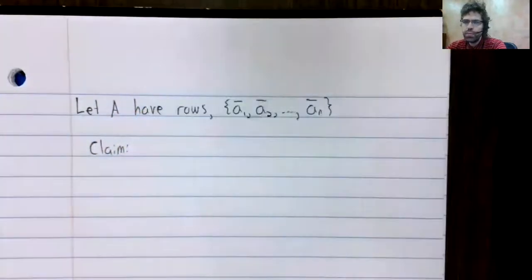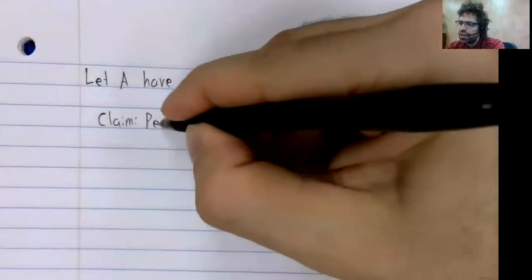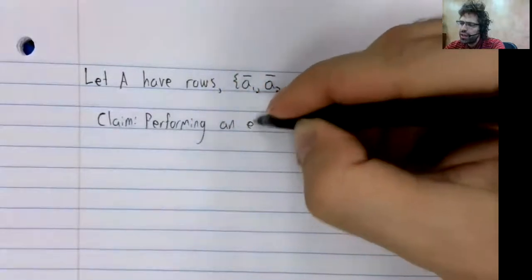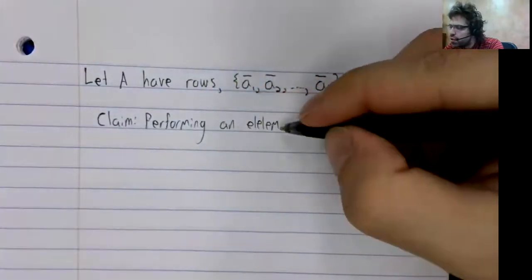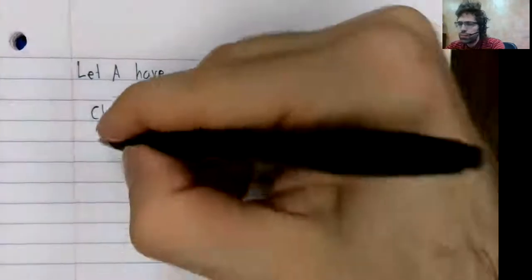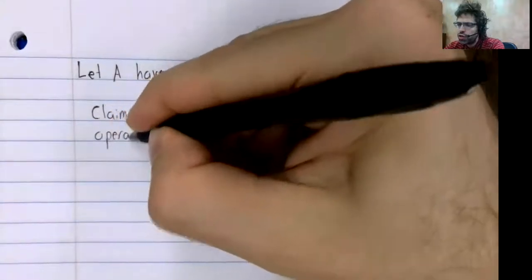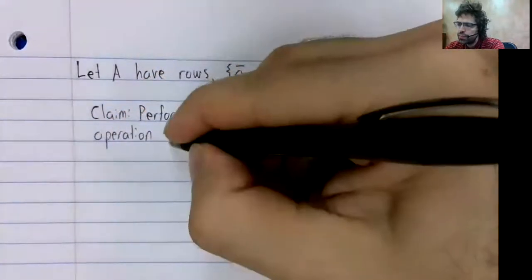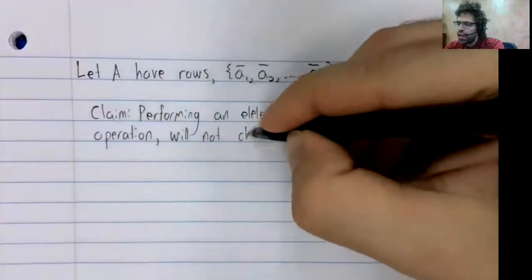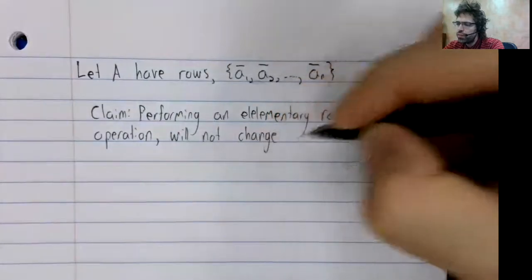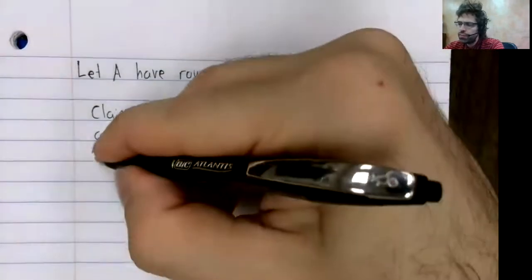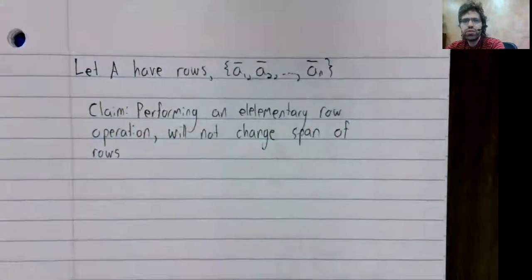Our claim is that performing an elementary row operation will not change the span of the rows.